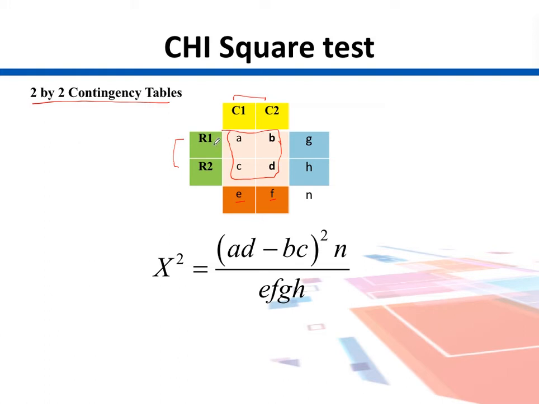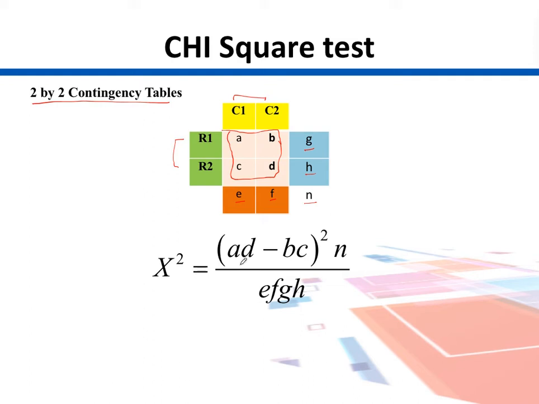In the same way, summing over A and B gives the row 1 total G, and for row 2 it's H, and N is the overall sample size, the grand total.